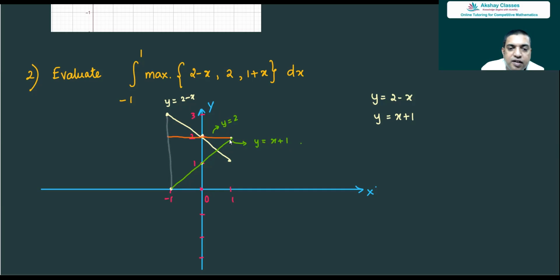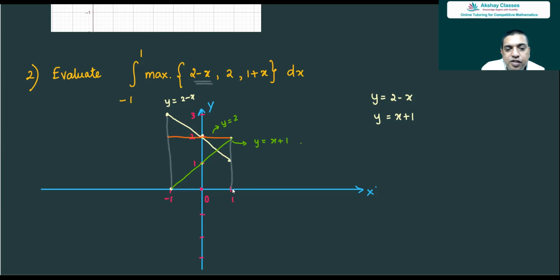So when we have to take the maximum, see how I'm calculating the area. All right. When I have to take the maximum, it will be here. In this region, this is the maximum. So my function will be 2 minus x. This will be the maximum function.